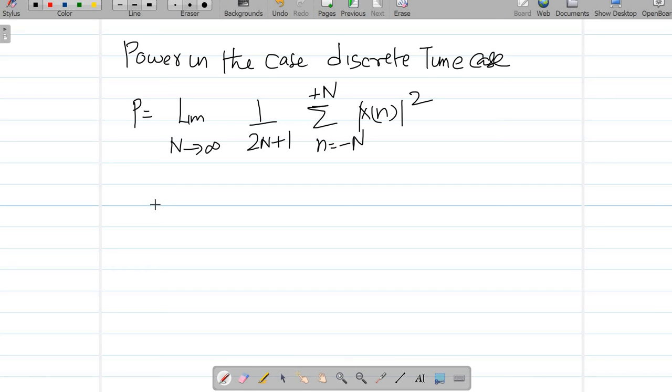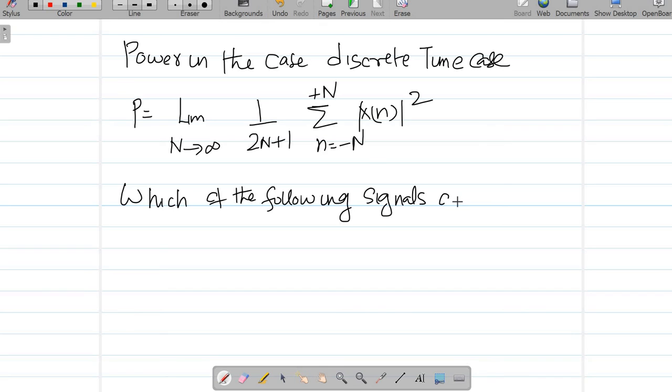Let us take a few examples. The question is as follows: which of the following signals are energy signals?